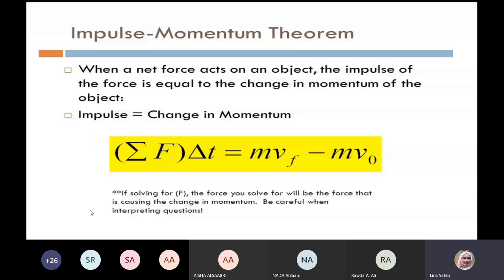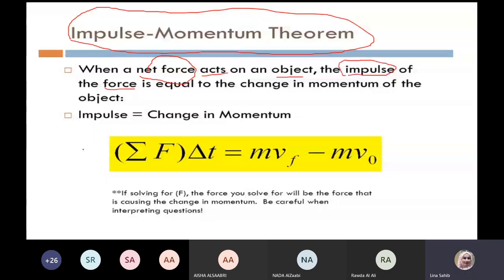If you need to find the relation between the impulse, which is force, and the momentum, this equation can connect each of them. How? When a net force, a total force, acts on an object, the impulse of the force, you know what is the meaning of impulse, right, is equal to the change of the momentum.